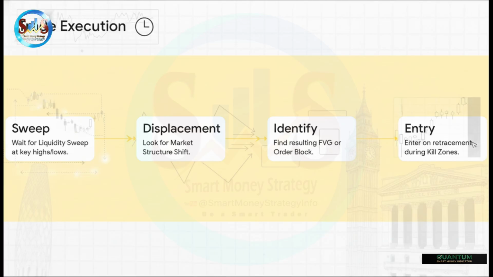You aren't just blindly jumping into a trade because a moving average crossed over. No, you're waiting for the exact time of day when institutions are most active. You literally watch them sweep liquidity, wait for them to show their hand with aggressive displacement, and then calmly set your entry at the fair value gap they left behind in the discount zone with your stop safely beyond the order block. It's precise, it's disciplined, and most importantly, it's repeatable.